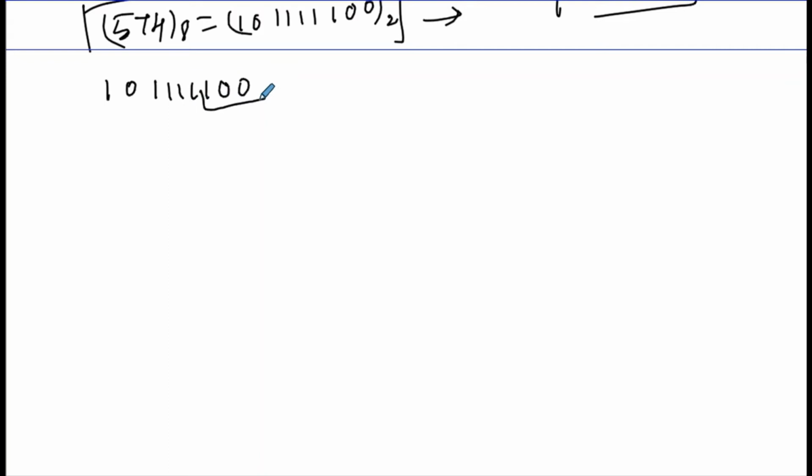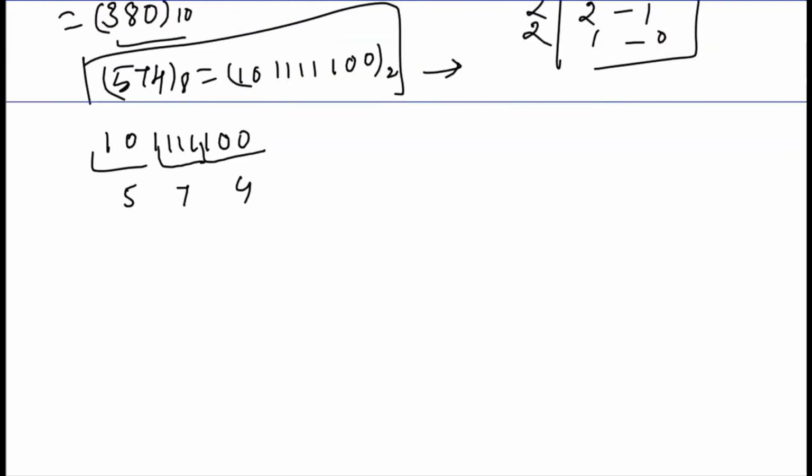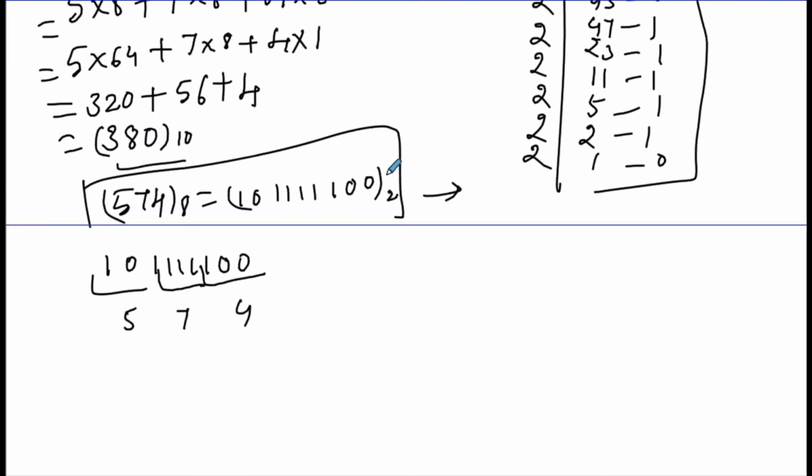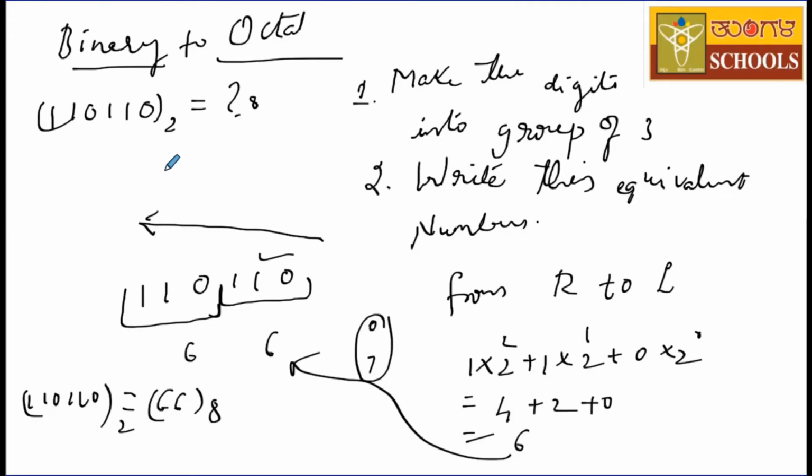We need to make groups of 3, as we discussed in the last class. Write the groups: this is 5, this is 7, this is 4. Yes, the conversion is right. If I convert it again into its equivalent decimal, this number will be obtained. It means that we have calculated correctly. This is how we convert octal to binary.